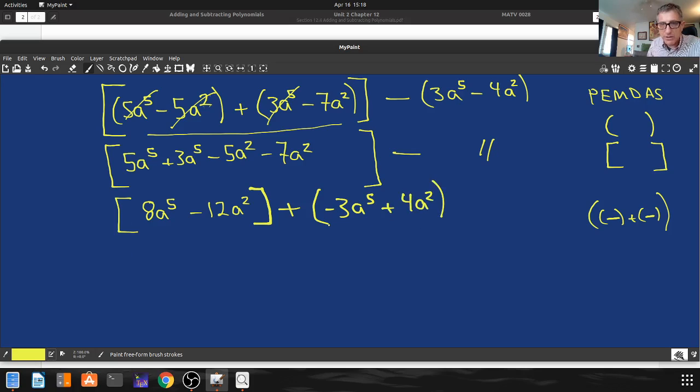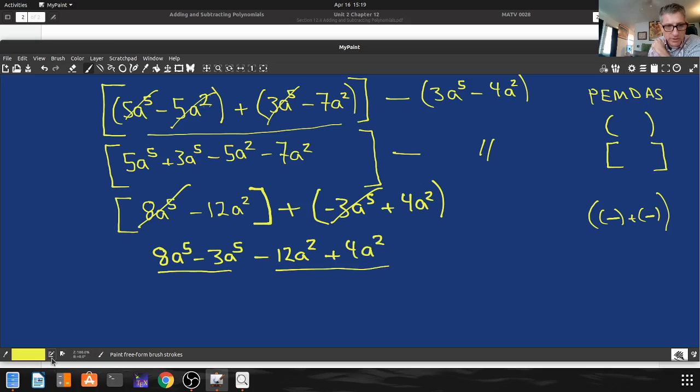And now I'm ready to just group them by like terms. So I'm going to start with the degree 5 term, and then move to the degree 2 term. These are like terms, and these are like terms.